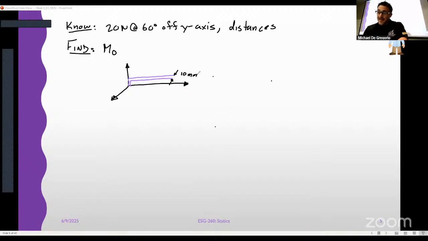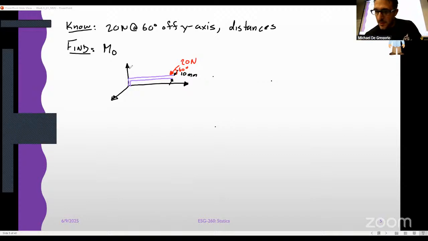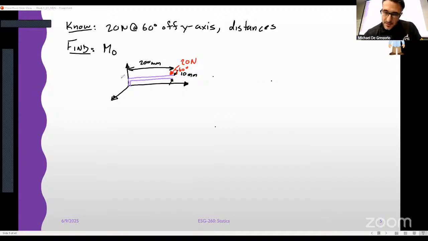I did not specify whether you were supposed to do this in Newton meters or Newton millimeters, so you choose whatever you want. We're also told the length of that bar was 200 millimeters, and it was 50 millimeters tall. There we go, and that's our free body diagram.